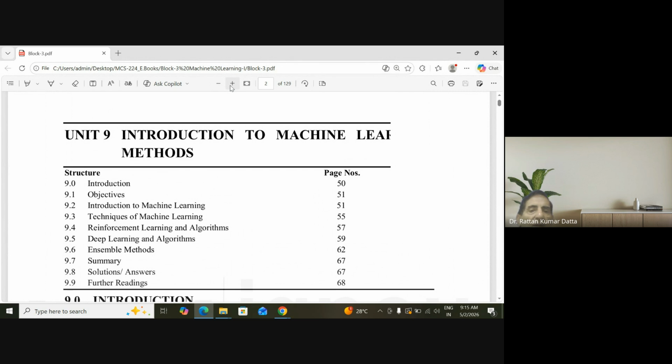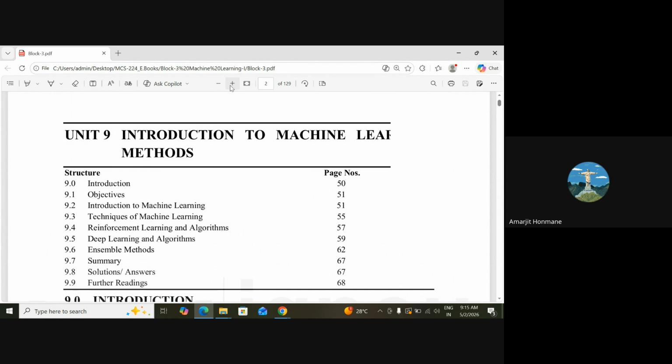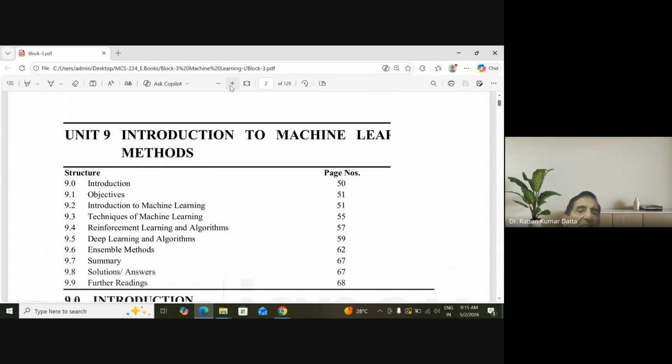Okay, learners, are you ready now? So we start with the machine learning methods. Now, machine learning methods primarily use all the statistical routines which you have done, and it takes all the data, takes sample data, prepares a model, and that model is used for the final data.